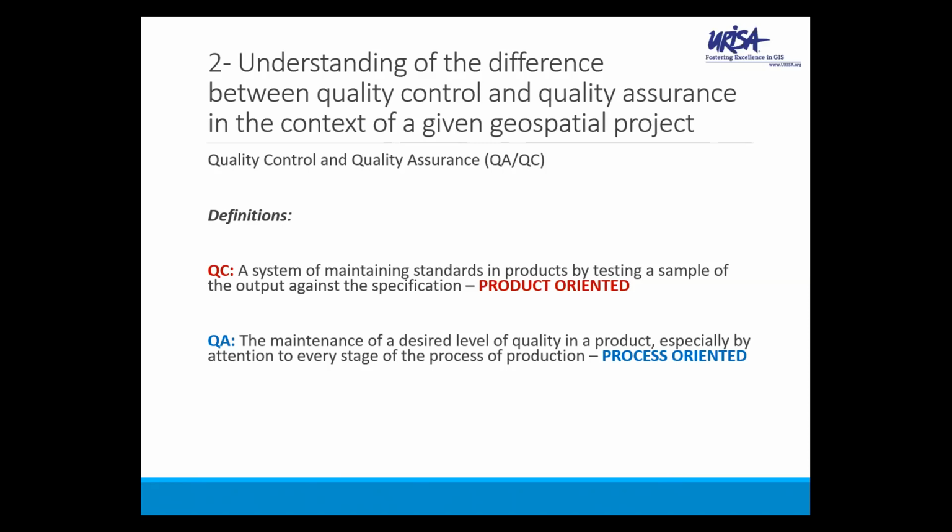So in the case of my district, we are not particularly involved in quality assurance. We purchase data from a consultant, and it's their quality assurance process that we rely on. However, once we receive a data set, then we sample that data set through our quality control processes to ascertain whether or not it meets the standard that was specified for that particular product.